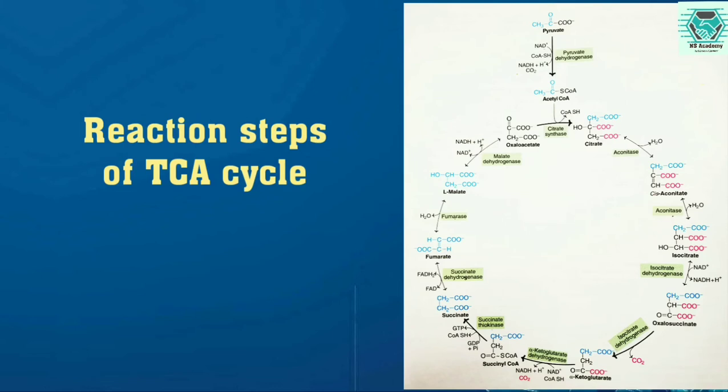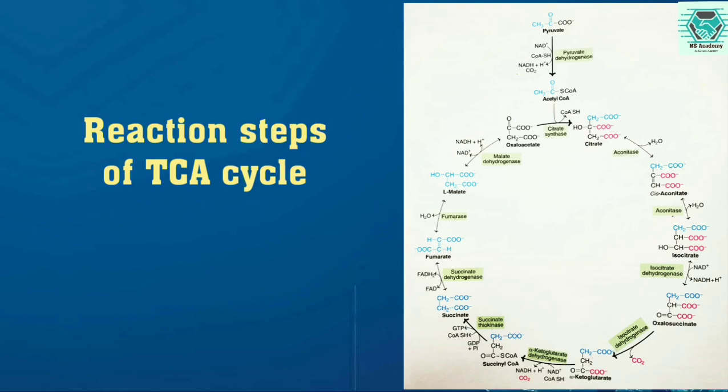In step 1, there is formation of citrate. Oxaloacetate condenses with acetyl-CoA to form citrate, catalyzed by the enzyme citrate synthase. So this enzyme is very important, which is called citrate synthase in the first step.